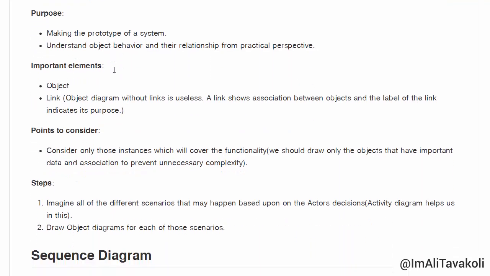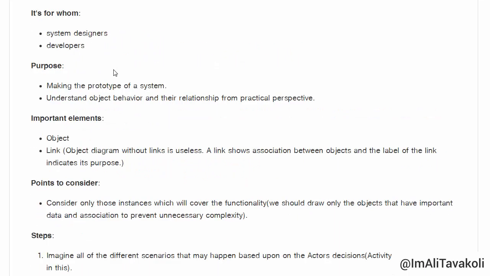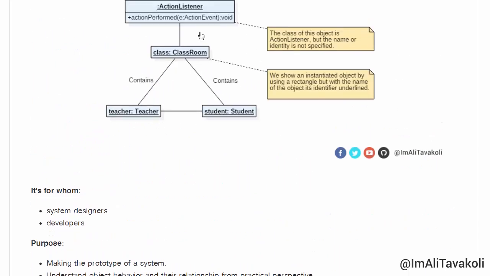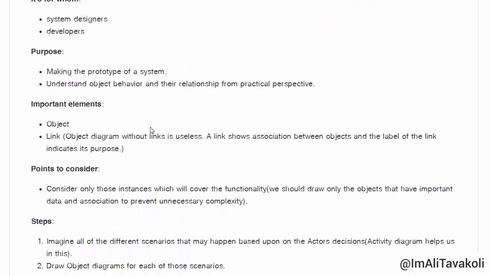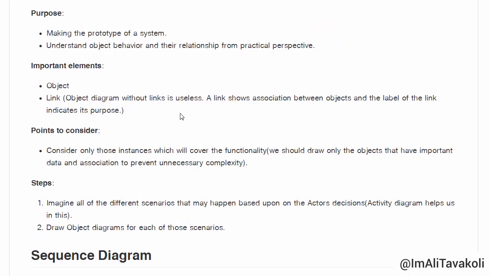Important elements: object, obviously, and link. An object diagram without links is actually useless. The links, I mean these, link each object together. A link shows an association between objects, and the label of the link indicates its purpose.